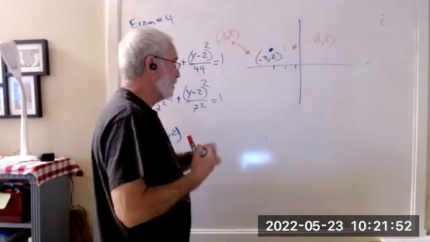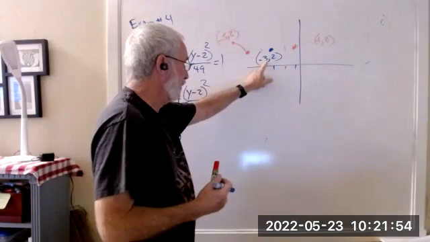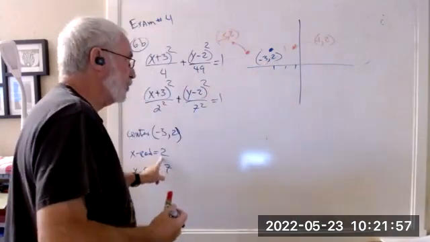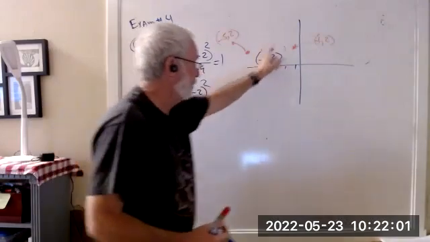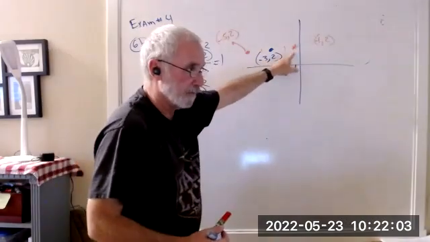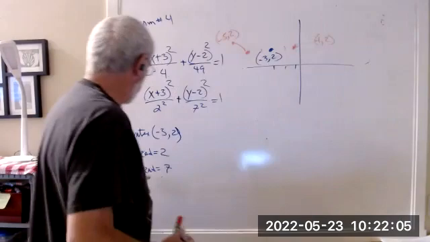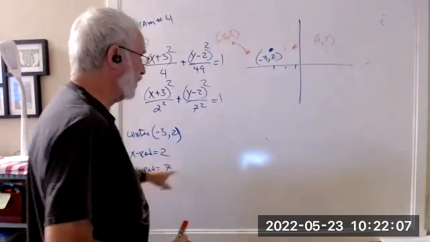I'm doing a lot of mental arithmetic. I'm taking negative 3, minusing 2 to get to negative 5, and taking negative 3, plusing 2 to get to negative 1. Then I take the y value, 7.